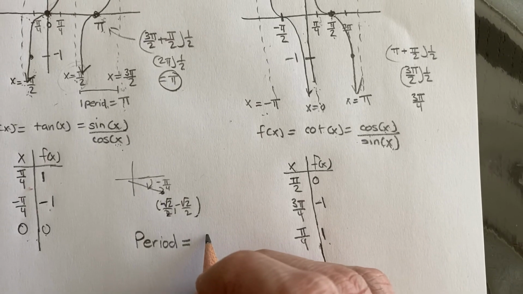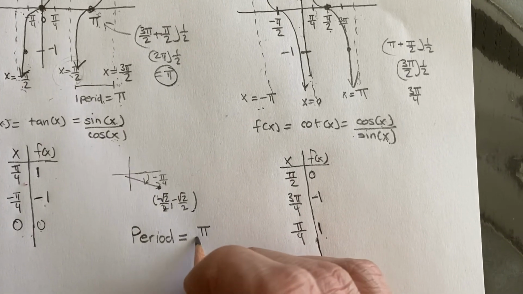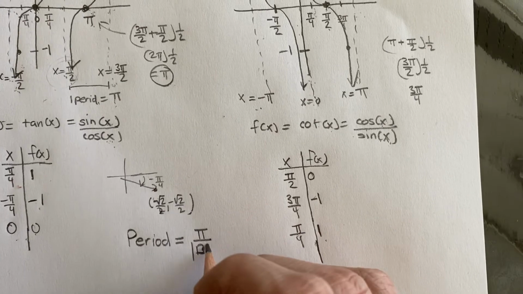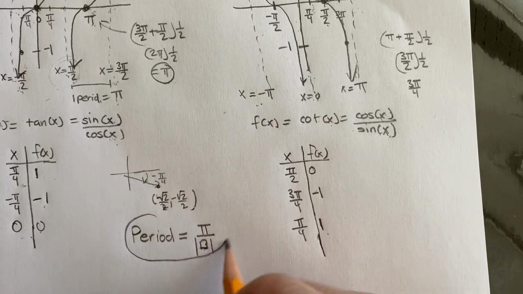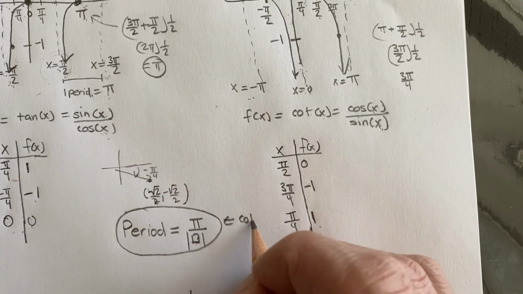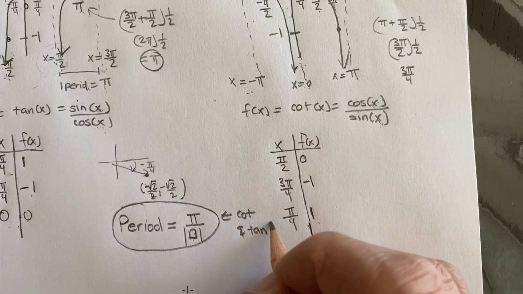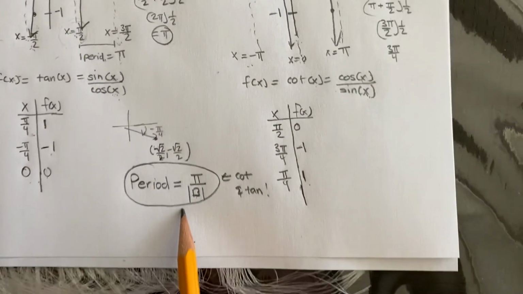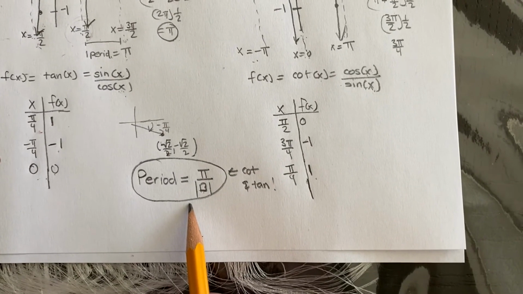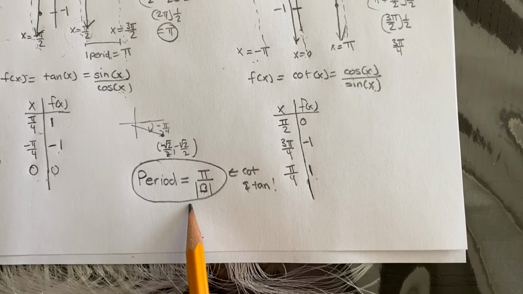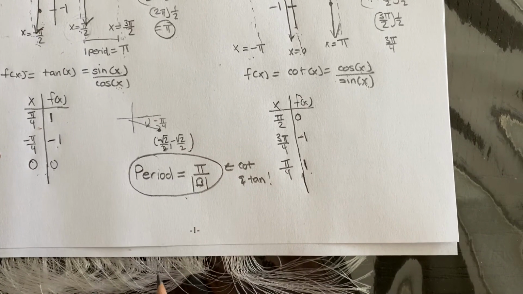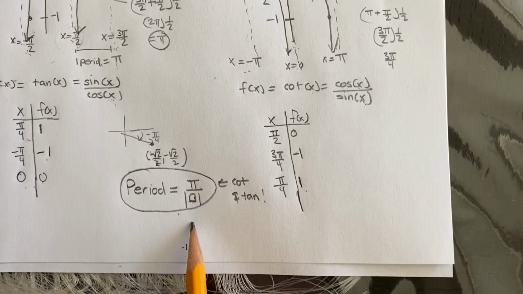The period for these functions is just going to be pi over b. Again, b is your horizontal shrink or stretch factor. This is for cotan and tan. The reason I want to mention this is because for your sine, cosine, secant, cosecant, the period is always 2 pi over b. Well, now the period is pi over b.